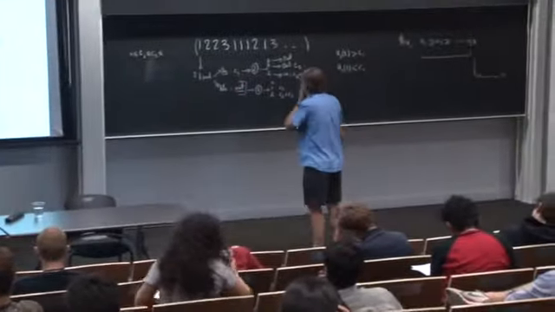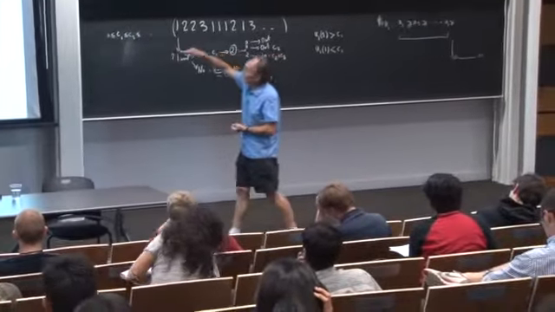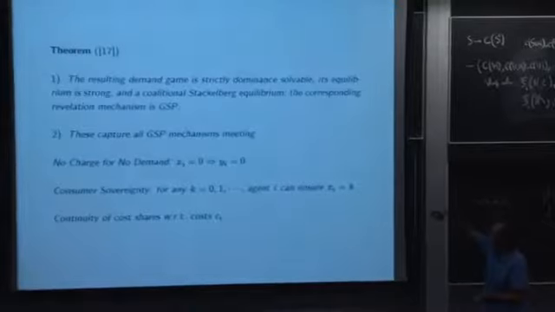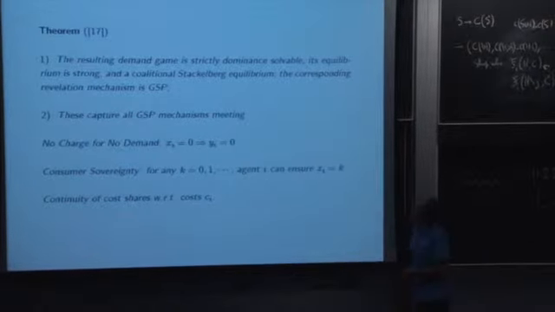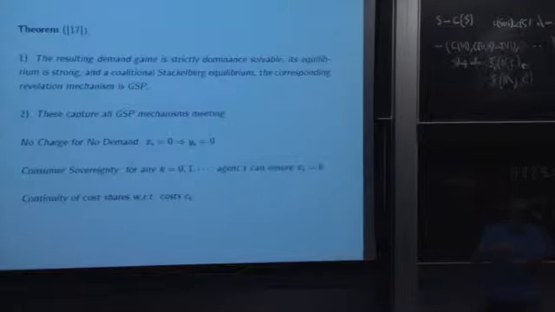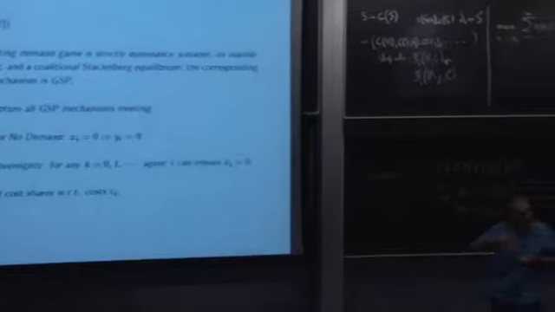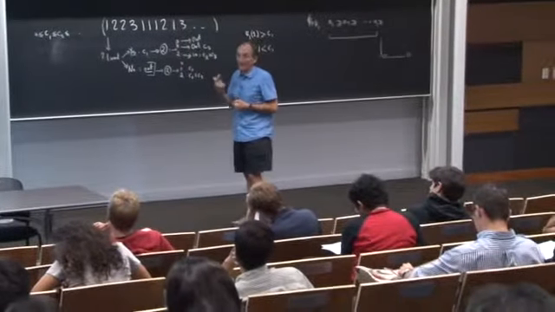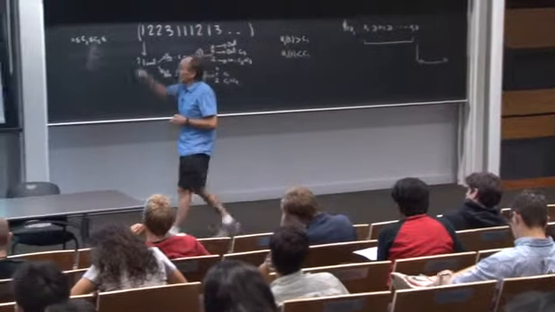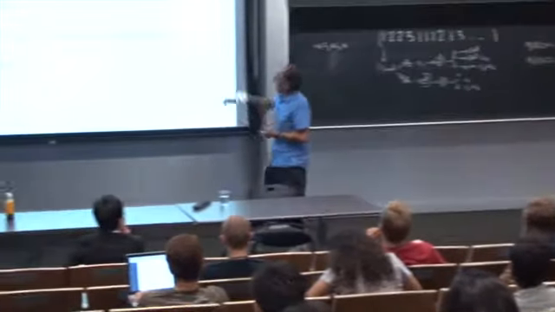So the theorem says that if you look at a revelation mechanism which satisfies these things, and here there is a continuity assumption, then you have to do this sort of incremental mechanism. This priority structure, unit by unit, is in fact canonical, provided you impose those things.